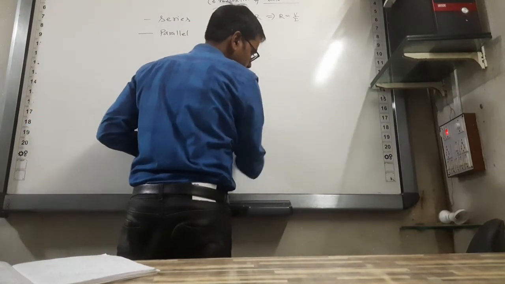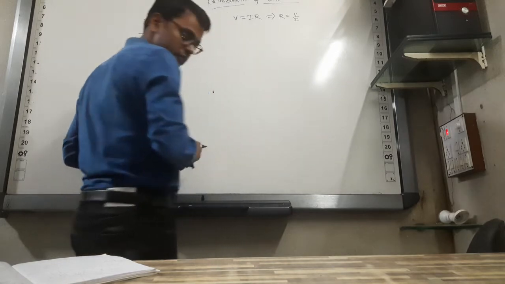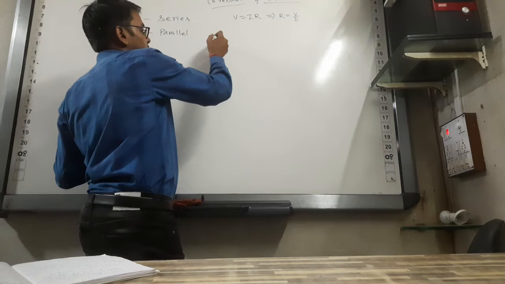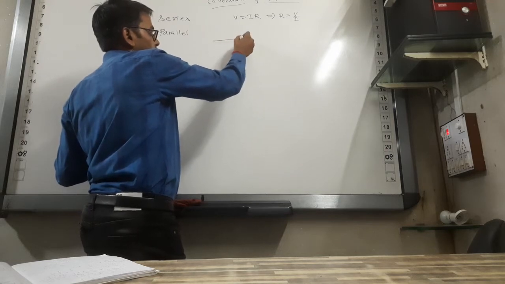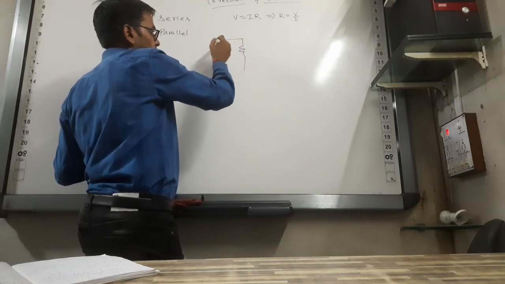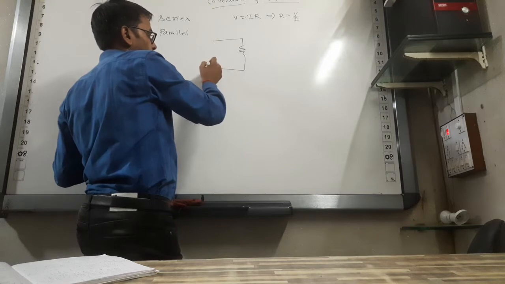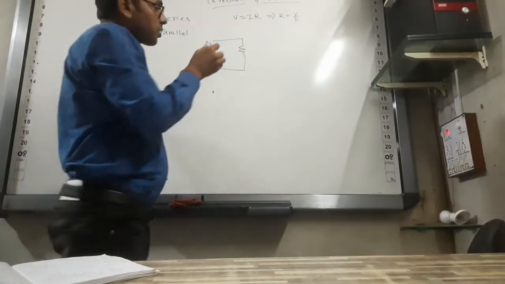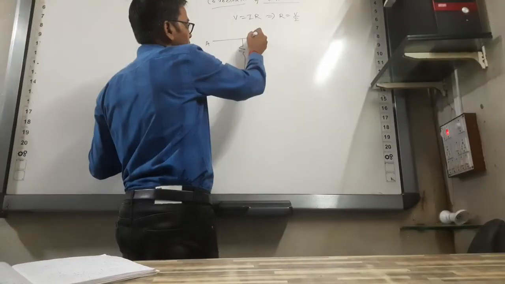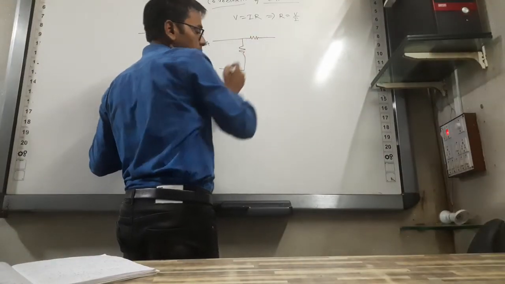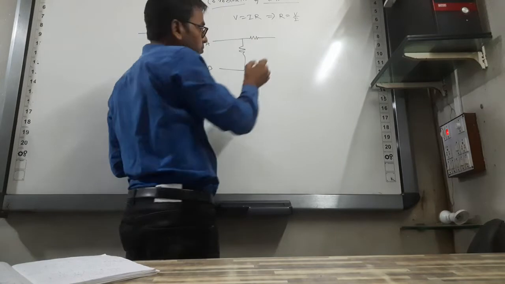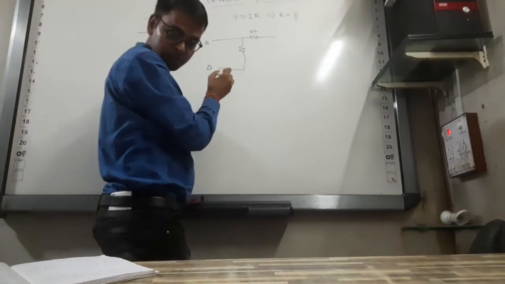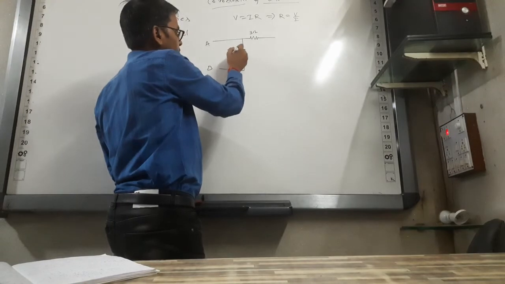Now we want to calculate the equivalent resistance for the given circuit. Suppose here is the circuit given, this one is point B and this one is point A. The resistances are 3 ohm and 20 ohm.